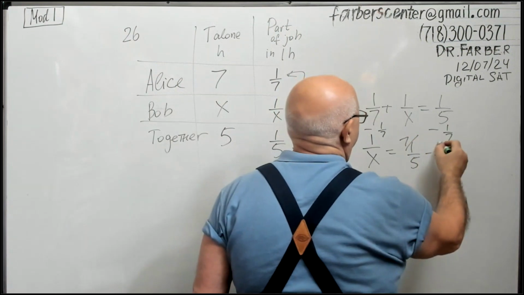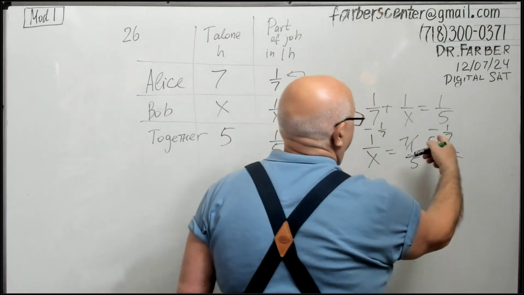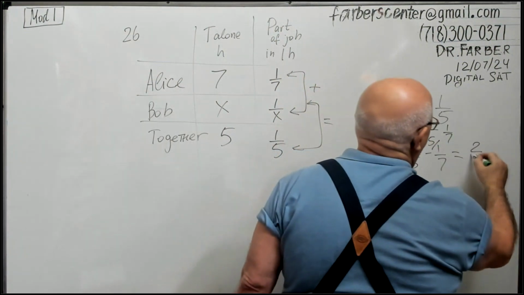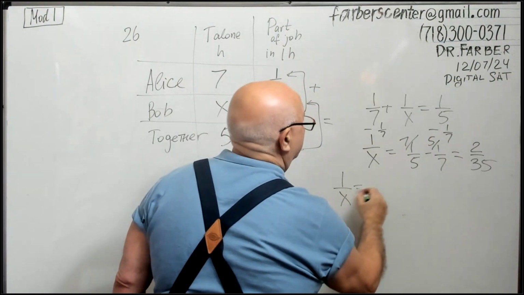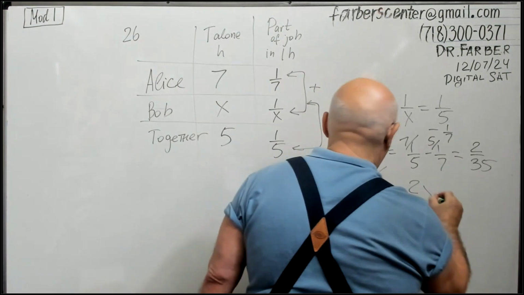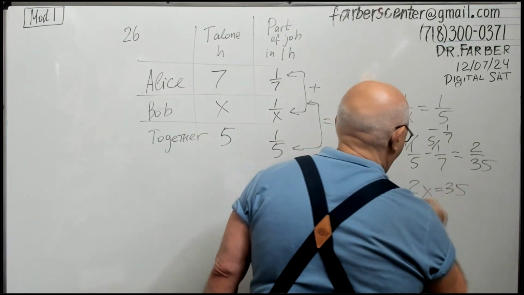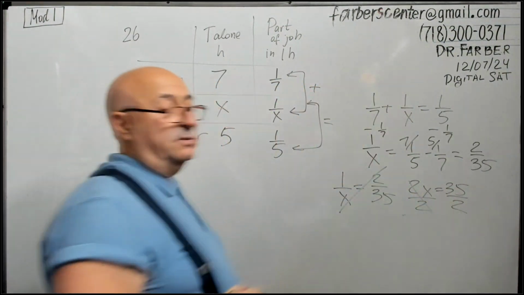So the LCD is 35, equals 7 minus 5 is 2/35. If 1/x equals 2/35, cross-multiply: 2x is equal to 35. Divide by 2 both parts. So far, so good? Good.